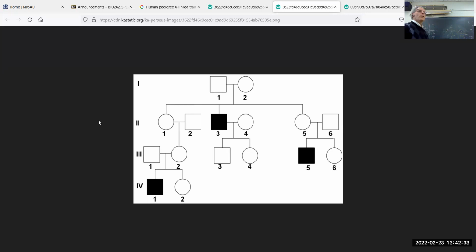So 1/4 of the progeny are affected, right? 3/4 of the progeny are unaffected, but half of them will be carriers of the recessive trait. 1/4 of them will not be carriers of the recessive trait. Okay, I did that kind of fast. Want me to explain that again?